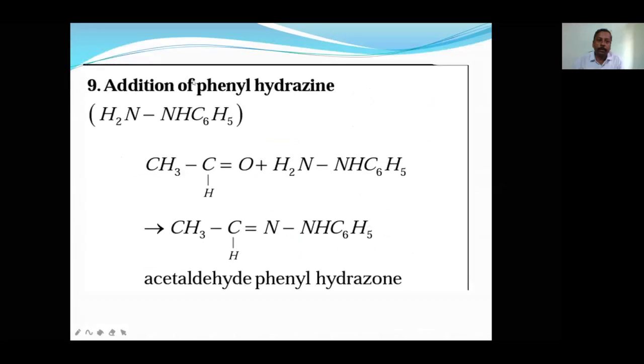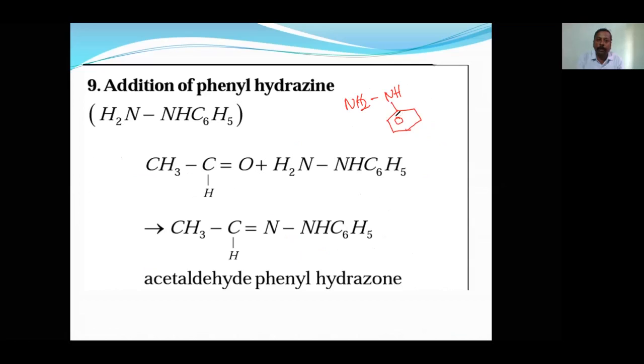Okay. Next, addition of phenylhydrazine. Simple hydrazine means it is NH2 single bond NH2. So phenyl is there. So what we will do? We will erase one hydrogen. In that place, what will I write? Phenyl group. Phenyl means benzene.